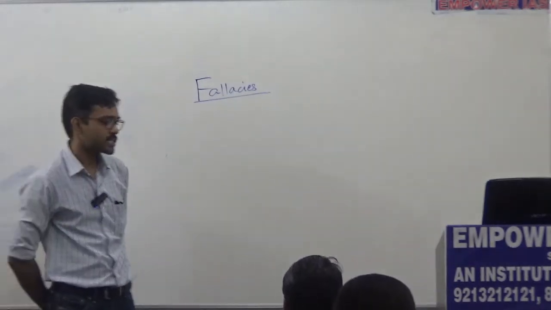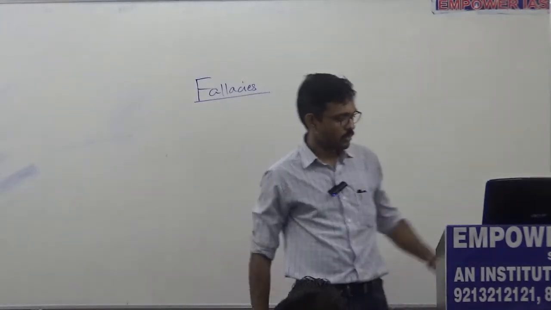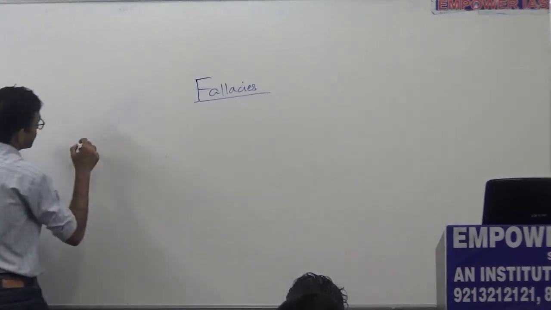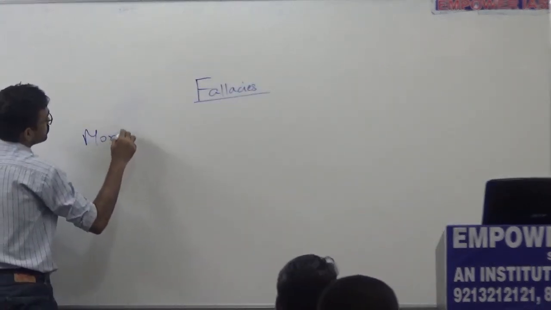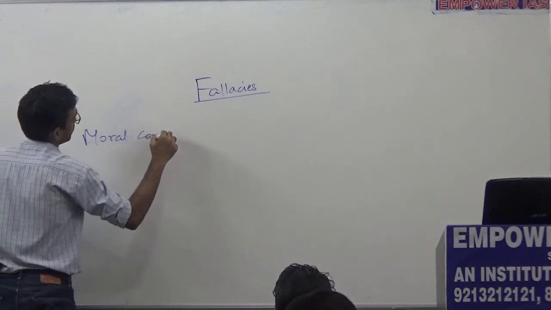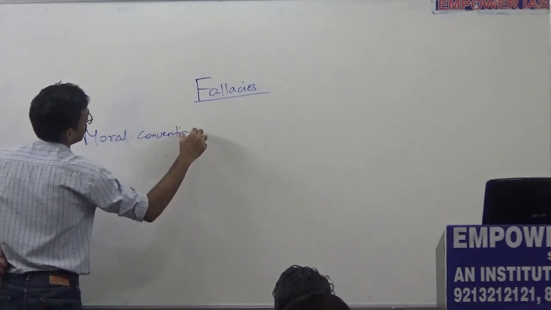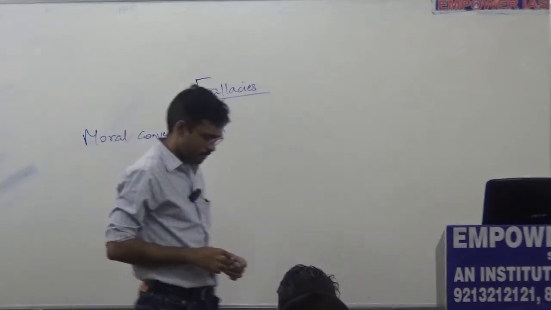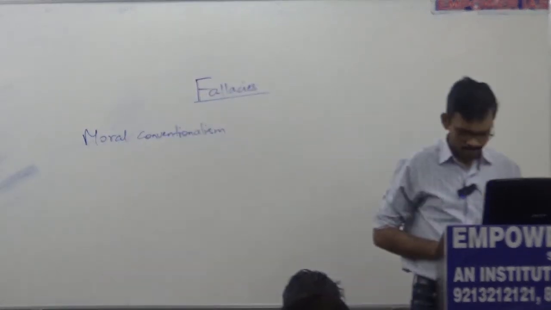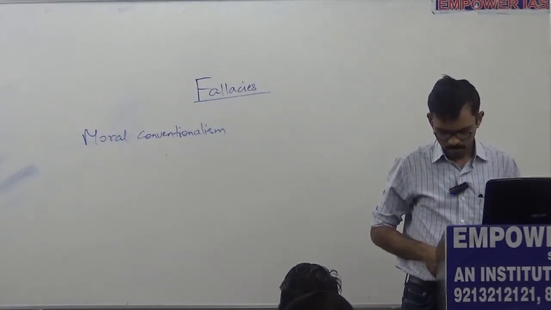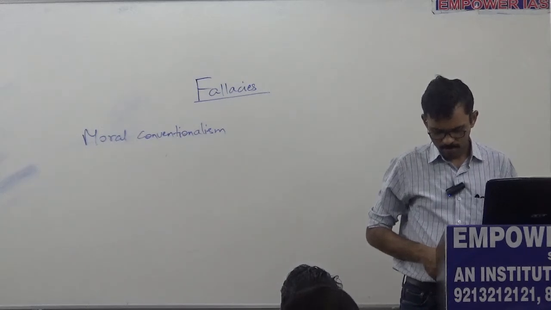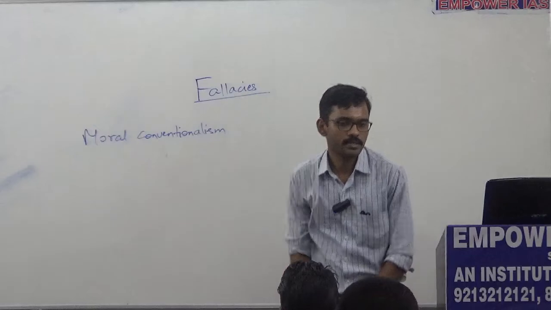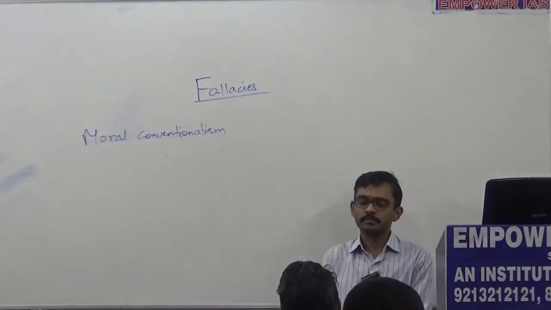Okay, first is ethics and culture. And the fallacy is known as moral conventionalism. First fallacy is moral conventionalism. This analyzes the relationship between ethics and culture.